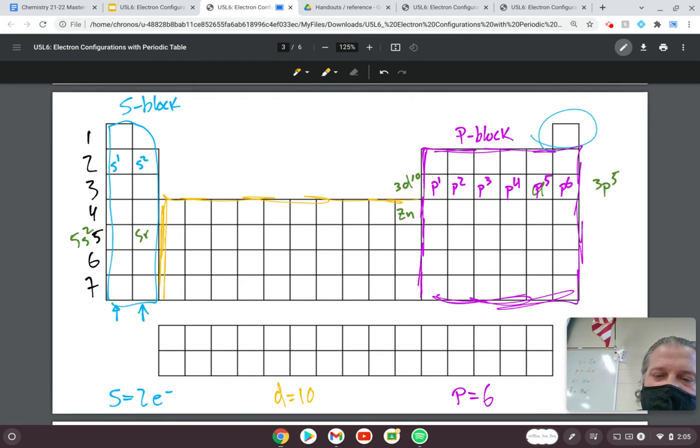So here I have a different box, this yellowish, goldish color. How many columns are in this box? 10, right? Which shape holds 10? D. So this is going to be the D block.